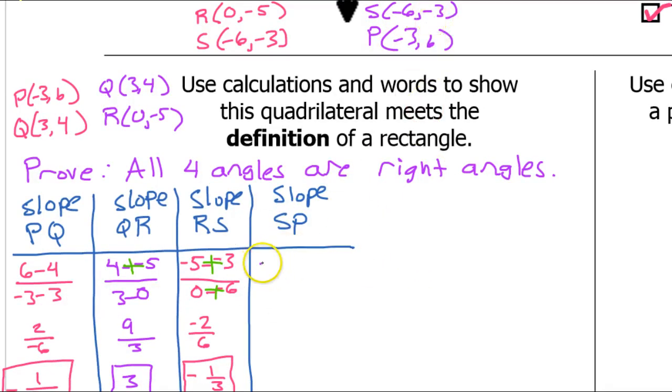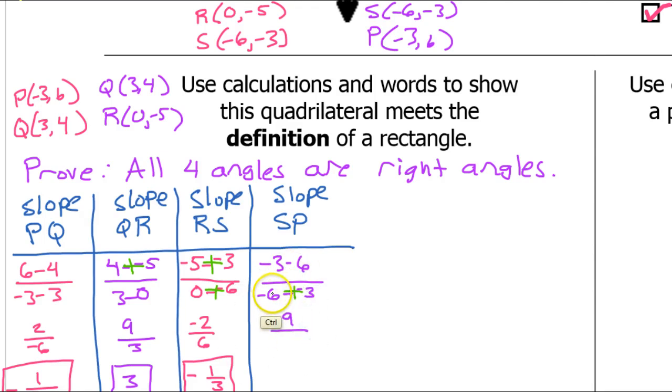So I'm going to do negative 3 minus 6 over negative 6 minus negative 3. Minus and negative is addition, so let's convert this over to addition. Negative 3 minus 6, that's going to be negative 9.